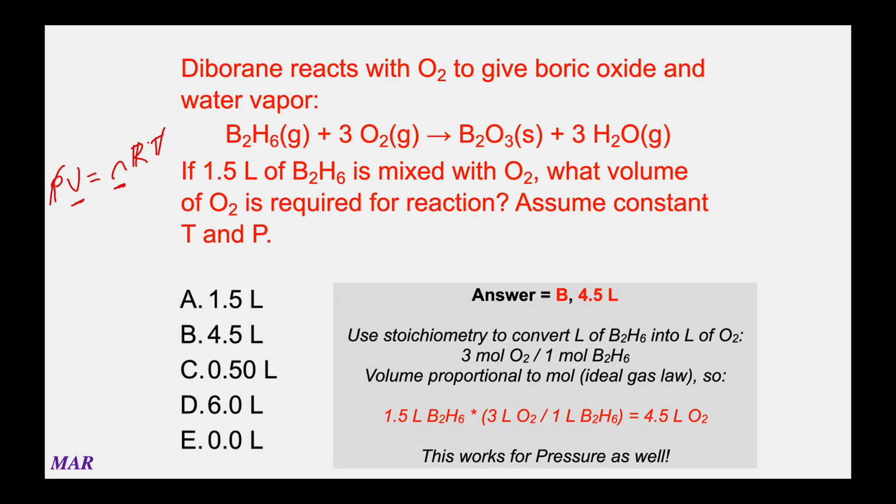So 4.5 liters of oxygen is correct. And we can do the 3:1 stoichiometry because moles and volume are proportional to each other. So just like we use a 3:1 mole ratio, here we're going to use a 3:1 volume ratio. So it should take 4.5 liters of oxygen to react with 1.5 liters of diborane.